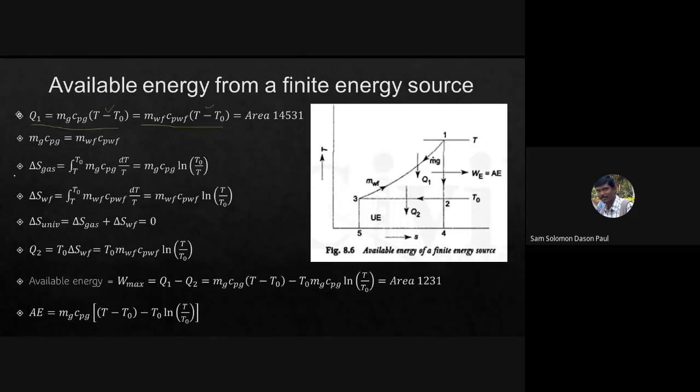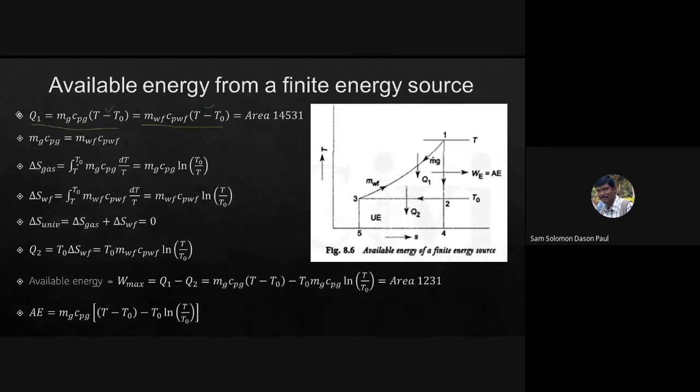Then we find the change in entropy of the gas. You know, the temperature is dropping, so it is integral ds, integral dq by T. dq is mCp delta T. So that is mg Cpg dT by T, and this can be taken as constant on the outside.